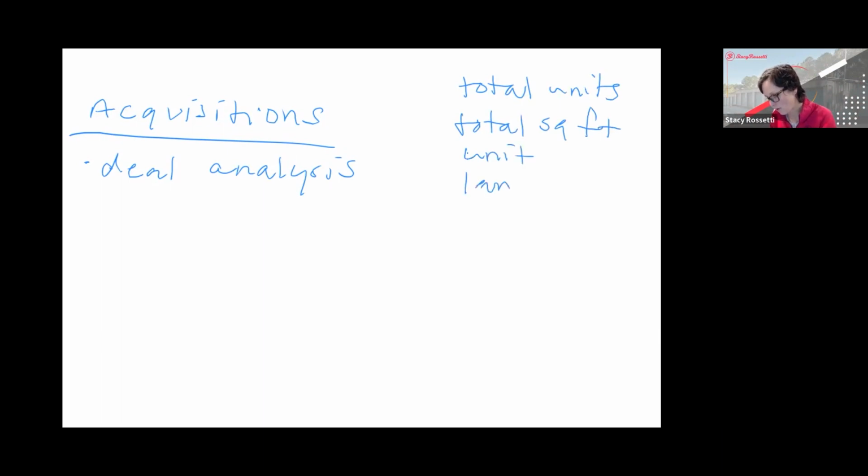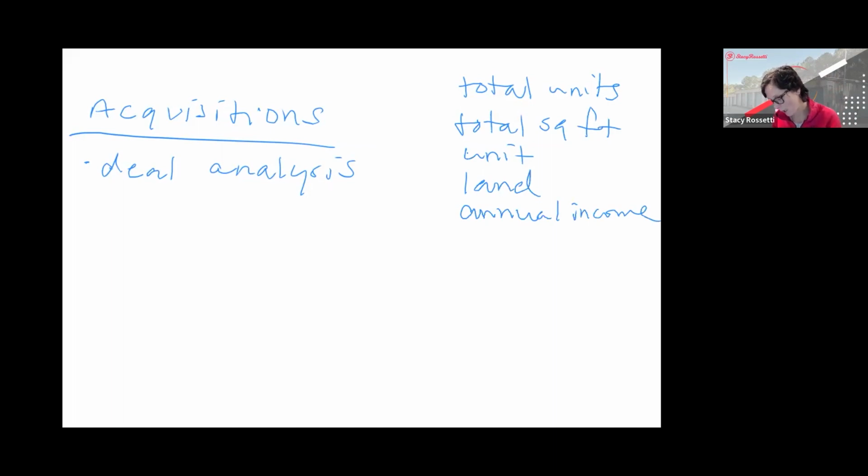Is there any extra land? What's the annual income? What are the expenses? Actually, the truth is you really don't need to know their expenses. You really need to know what your expenses are. But some people feel that you need to know what their expenses are.